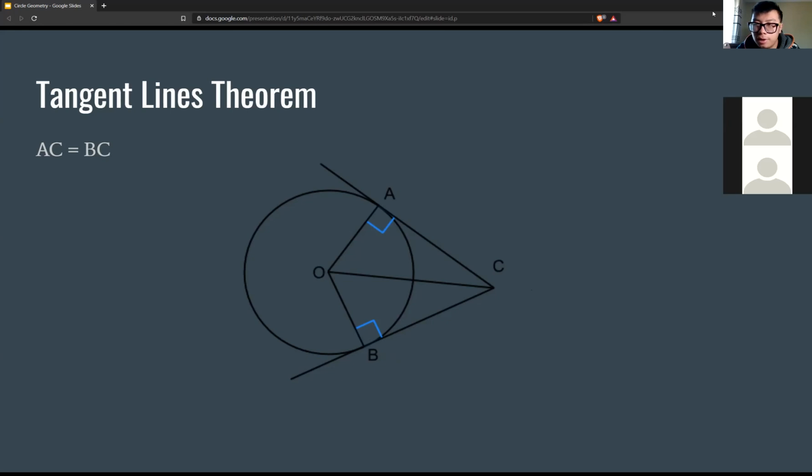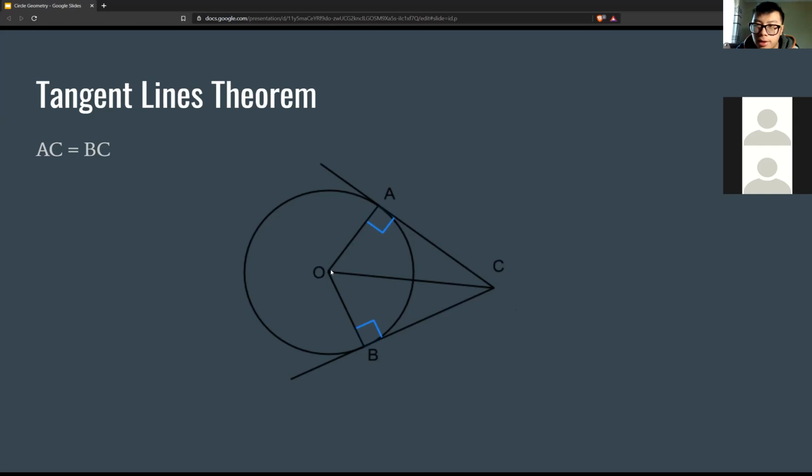Just remember, we had to draw these two right triangles, and we compare these side lengths to make sure that AC is equal to BC. The shortest sides, OA and OB, are equal to each other. Both triangles share the hypotenuse OC. The Pythagorean theorem states that OC squared is equal to the radius squared plus the tangent squared.